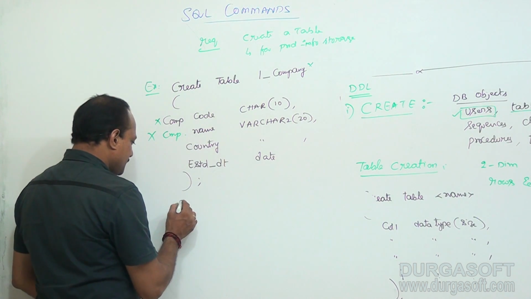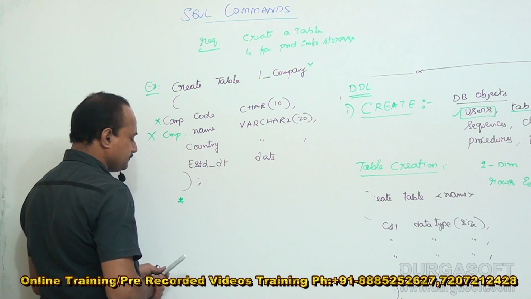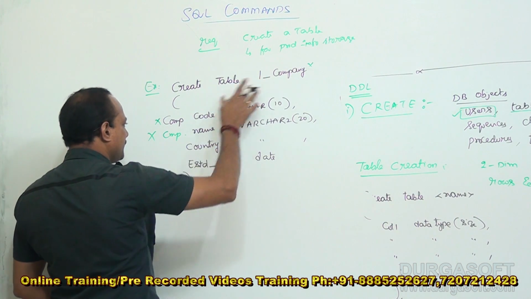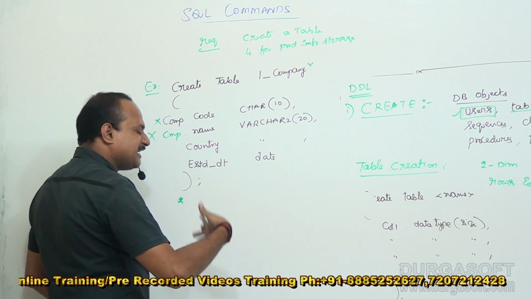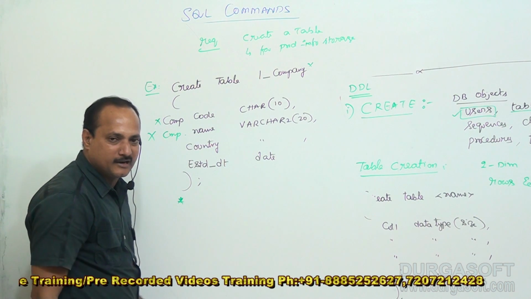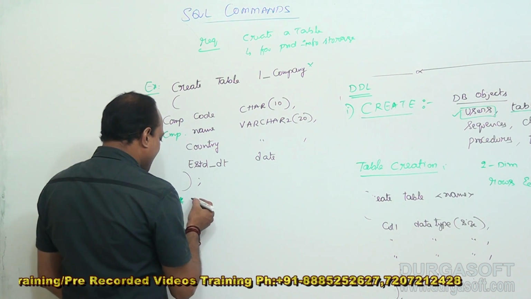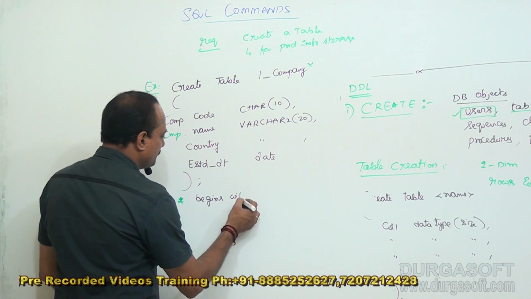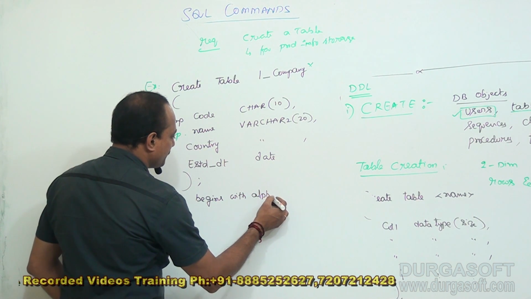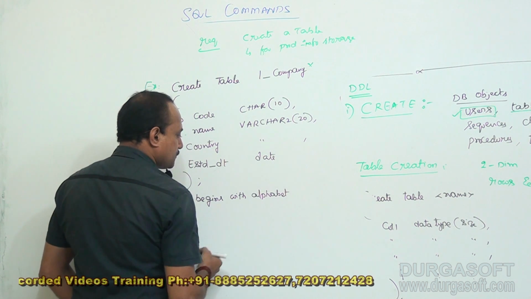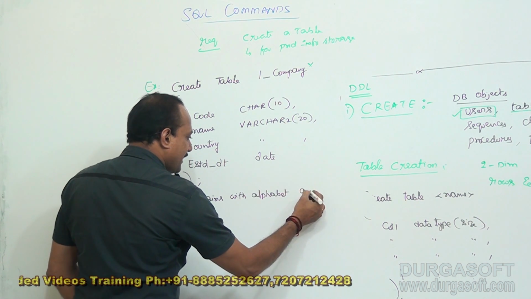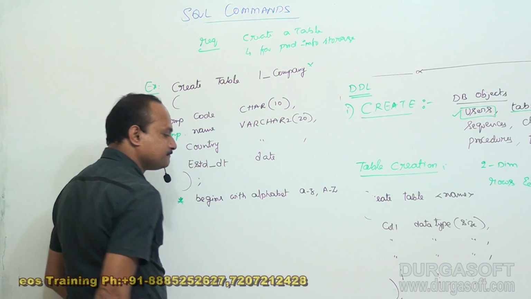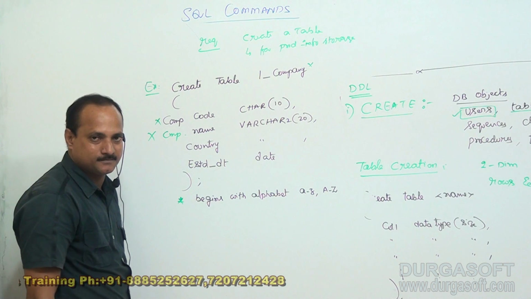See, first rule: any name, maybe it is a table name, maybe it is a column name, maybe it is a variable name, whatever it is, any name begins with an alphabet. Remember this. So it should start with either small a to z or capital A to Z. Other characters are not valid.